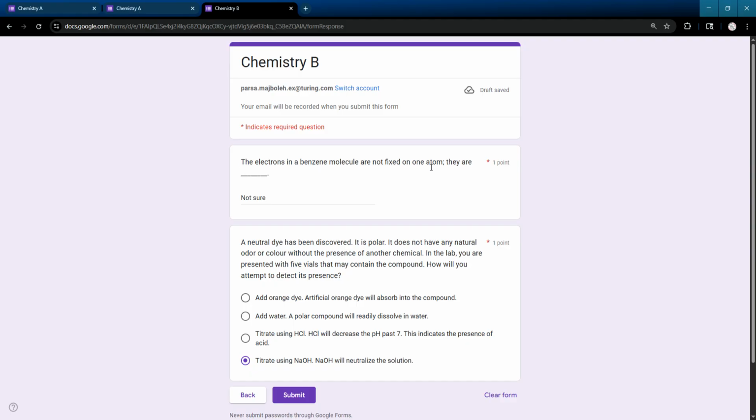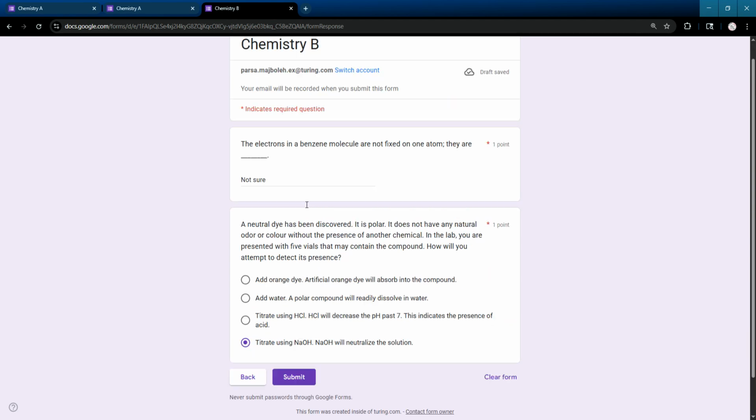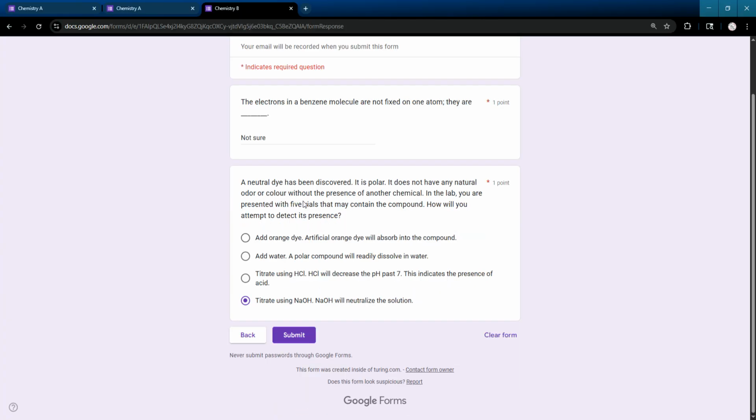Not sure. Are not fixed on one atom, what they're called. But I'm confident on this one that NaOH will neutralize the solution. Submit.